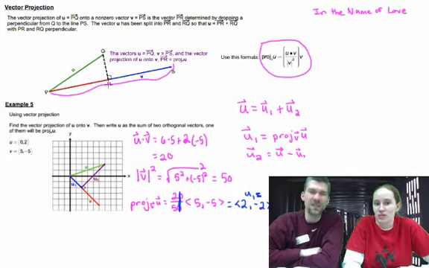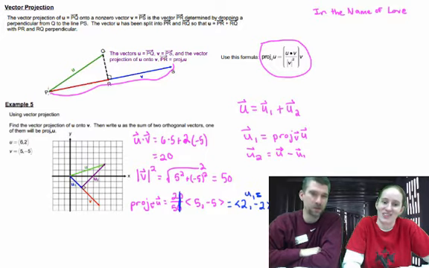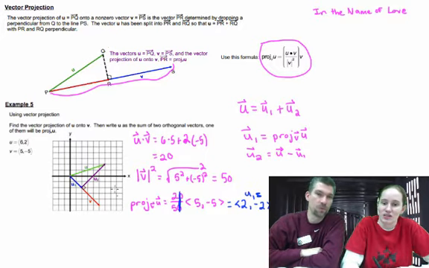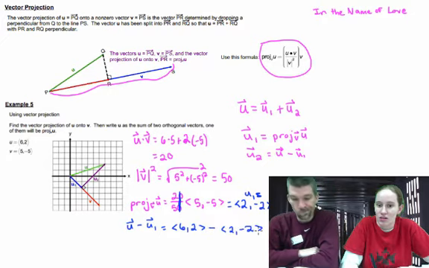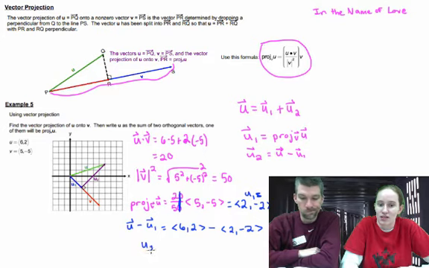Because we want the two vectors to add together to get this last vector, we take U minus what we just got: 6 comma 2 minus 2 comma -2 gives us the other vector.